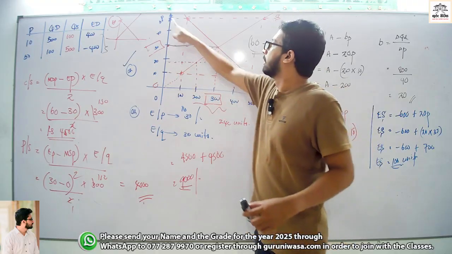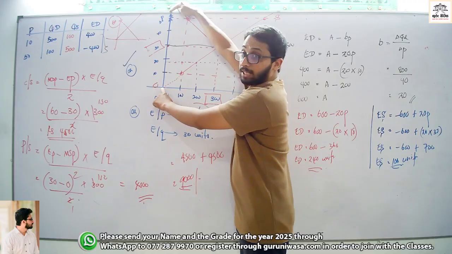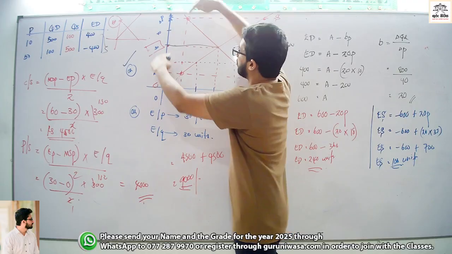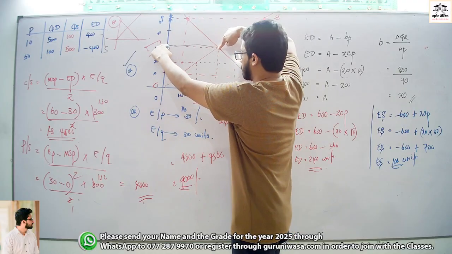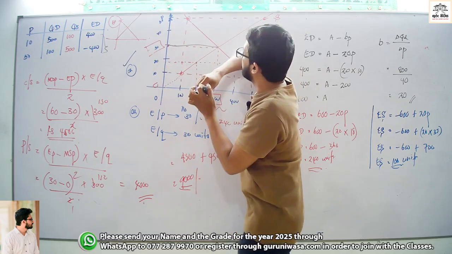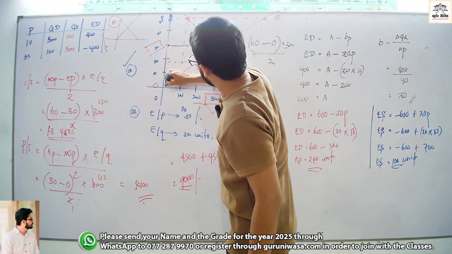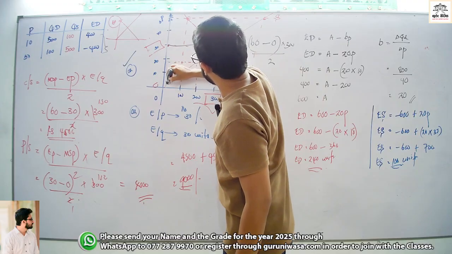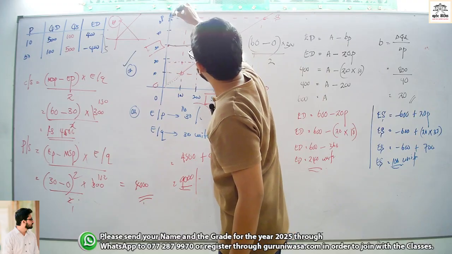Here the distance is 60 minus 0, 60, into this distance, 300. This is a triangle, I'm talking about this entire triangle. Are you clear on that?